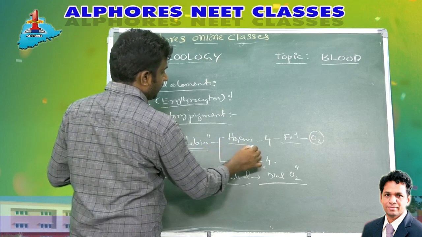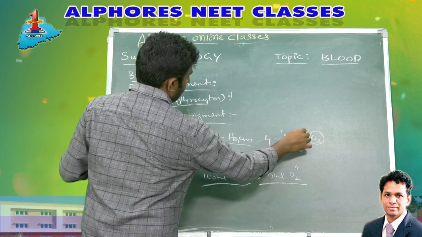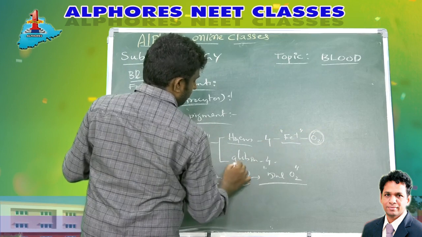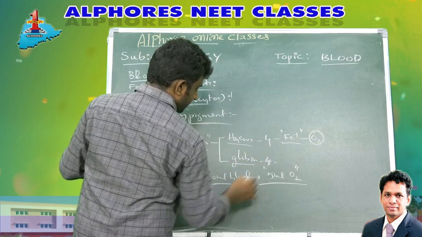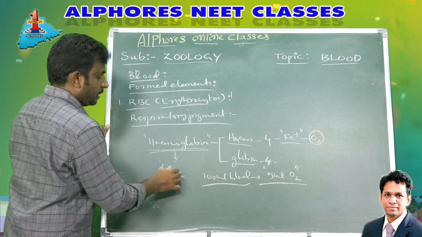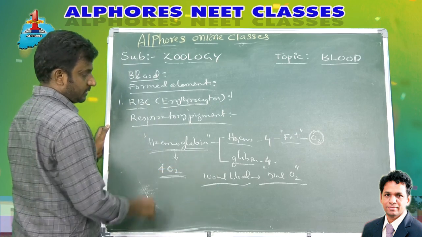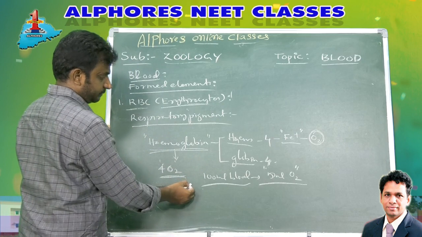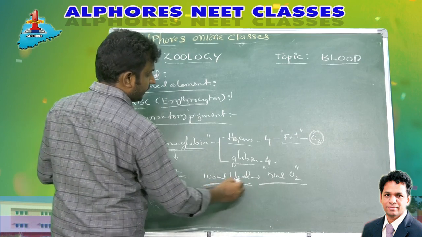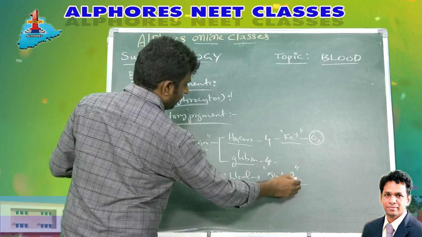Each heme consists of a ferrous ion, and each ferrous ion combines with one oxygen molecule. Four globin molecules are present, and one hemoglobin delivers 4 oxygen molecules. 100 ml of blood can deliver 5 ml of oxygen.